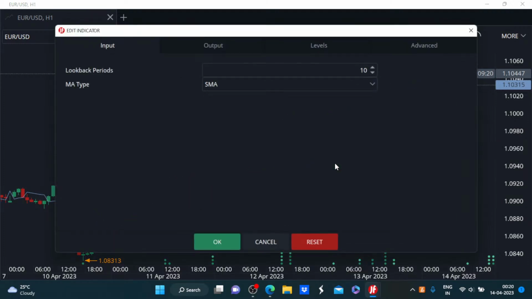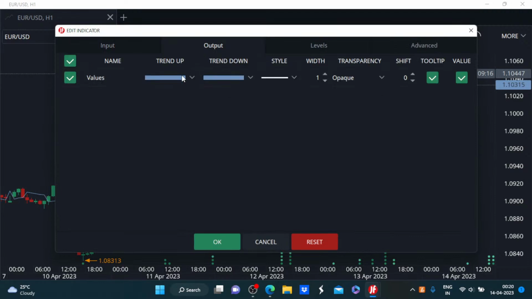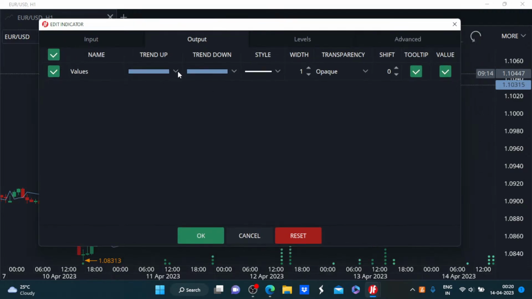Now let us see what we can do for output editing as well. We can always go for different color combinations of our choice depending on your preferences. Suppose if you want these indicators' output to be easily distinguishable whether it is trending up or trending down, you can go for different color combinations.